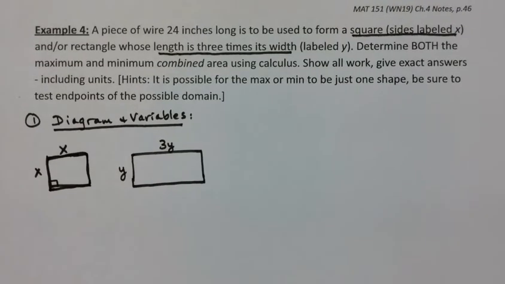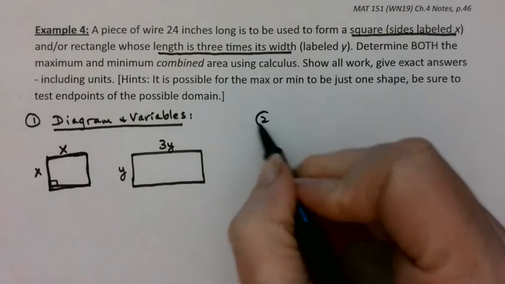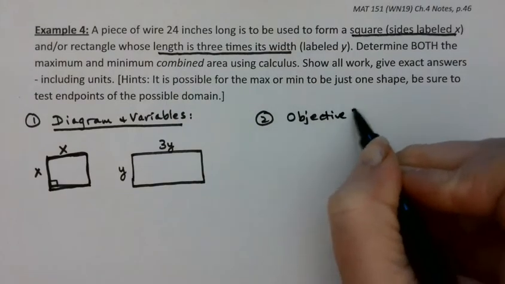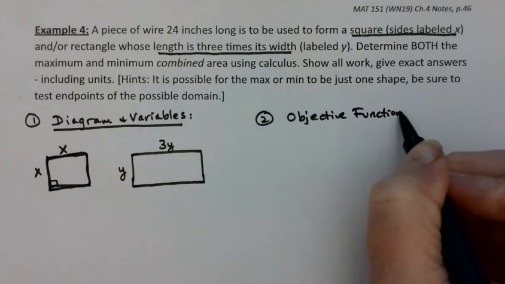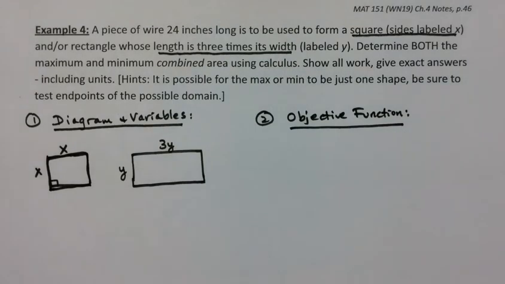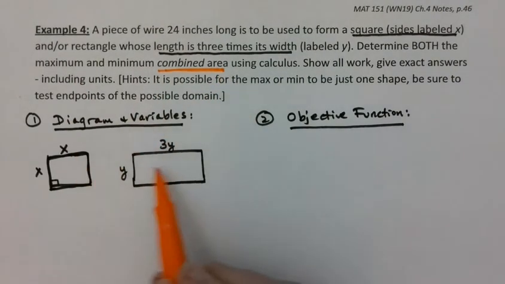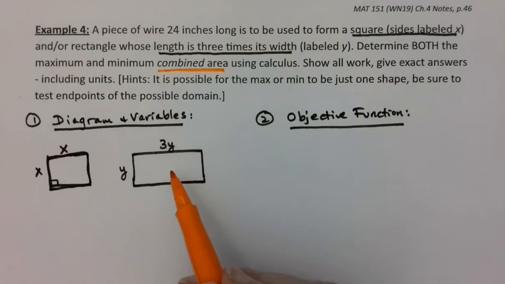Wonderful. All right, so now step 2, we need an objective function. We need to look for something that we are trying to maximize or minimize. Determine both the maximum and minimum combined area. So I want the area of these two items combined.